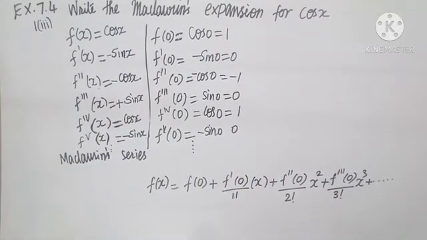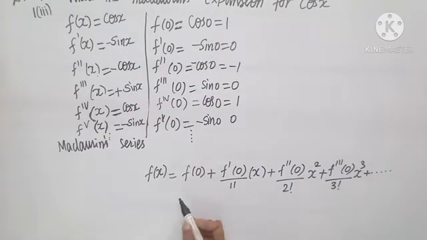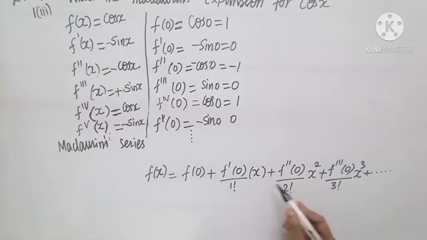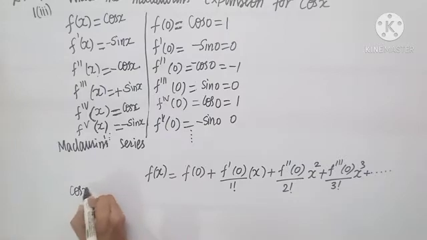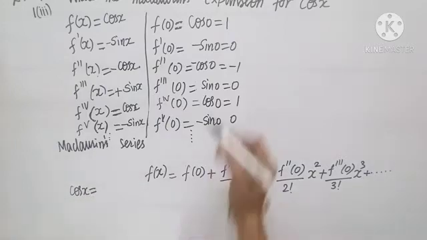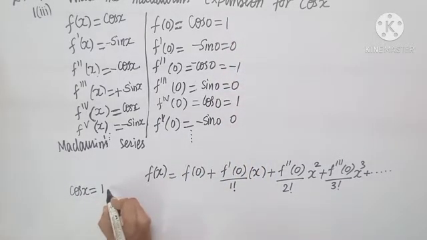Maclaurin series, as we remember, f of x equals f of 0 plus f dash of 0 into x by 1 factorial plus f double dash of 0 by 2 factorial into x square plus f triple dash of 0 by 3 factorial into x cube, and so on. Here the function is cos x equals to f of 0, the value is 1, plus f dash of 0, 0 into anything 0, forget it.